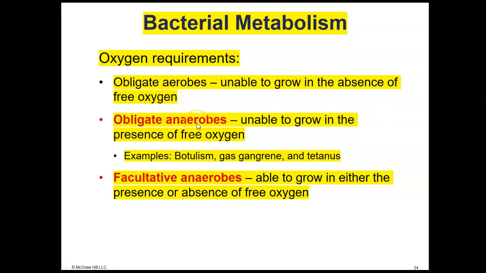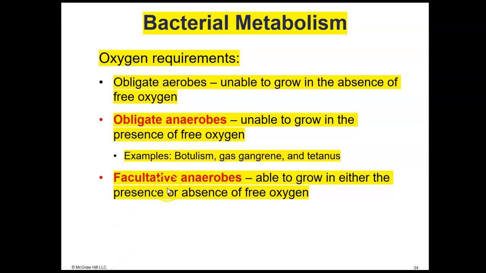Then there's obligate anaerobes. These are unable to grow in the presence of free oxygen. They will die. Oxygen will kill them. Examples of obligate anaerobes are the bacteria that cause botulism, gas gangrene, and tetanus.